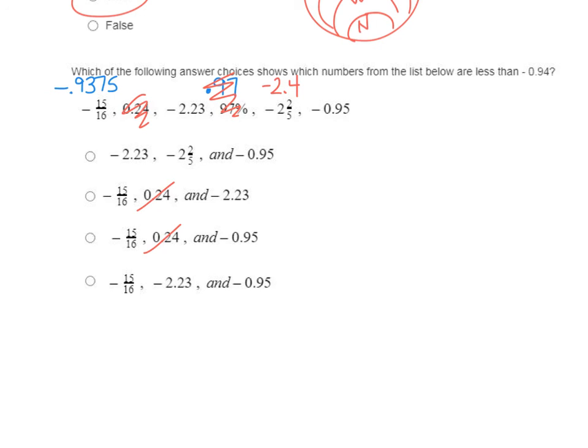Which of these numbers is less than -0.94? Well, the bigger the absolute value on the negative side, the smaller it is. So we want to look for numbers that are bigger than 0.94. This one's bigger than 0.94. This one is as well. This one is not, but this one is. So if we have an answer that has those three numbers, that's what we want to choose.